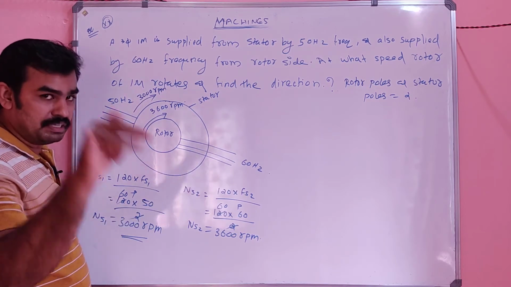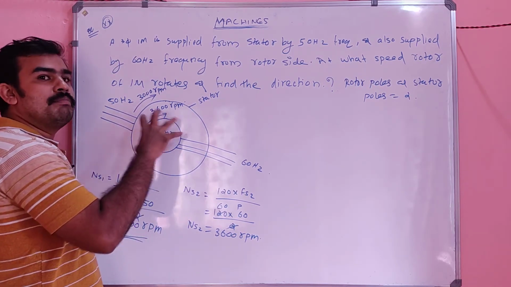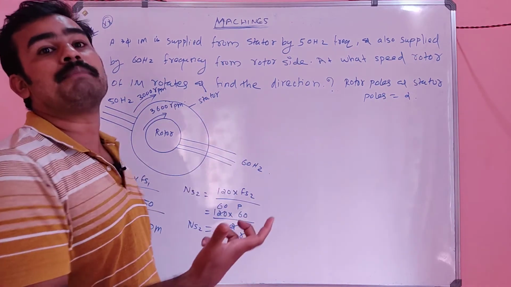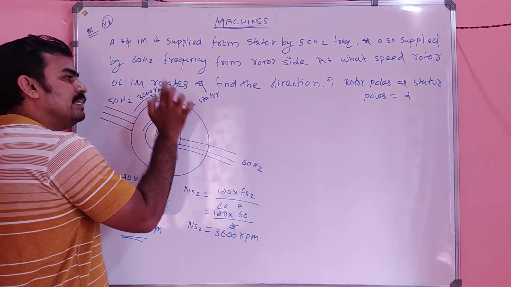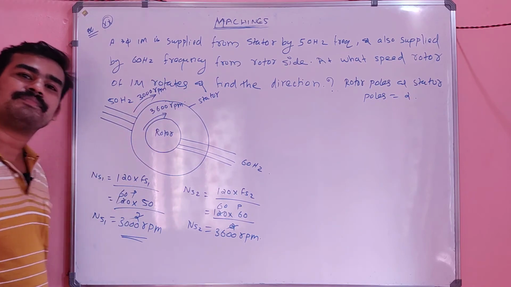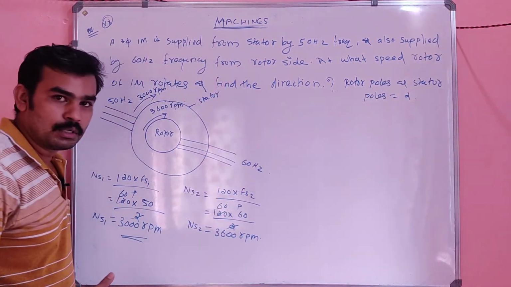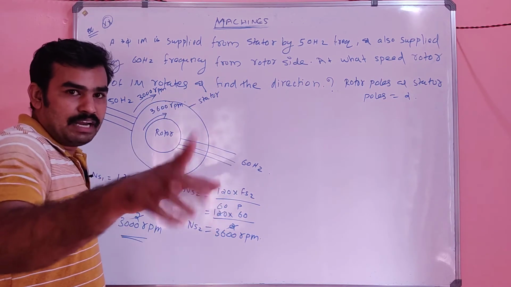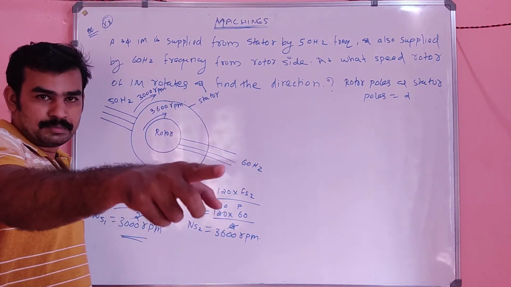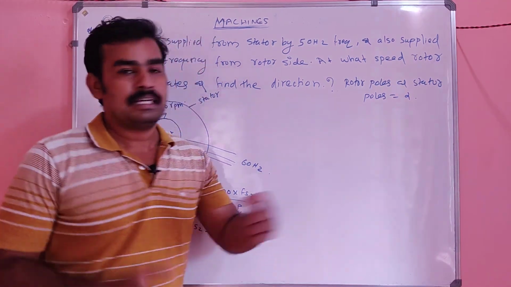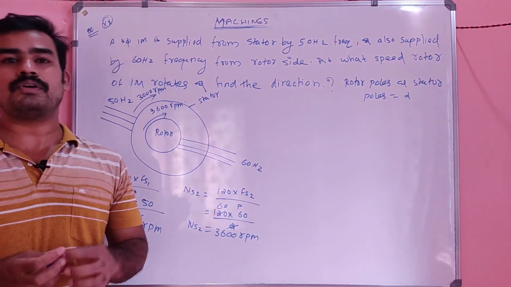That means there will be some flux cut due to this extra 600 rpm speed on what, my dears? On the stator side. The rotor is faster than the stator, so more flux cut will be offered by the rotor to the stator because it is faster, right? What was the working of an induction motor?